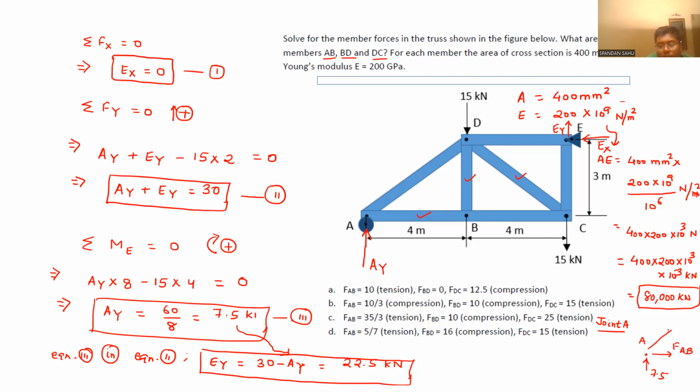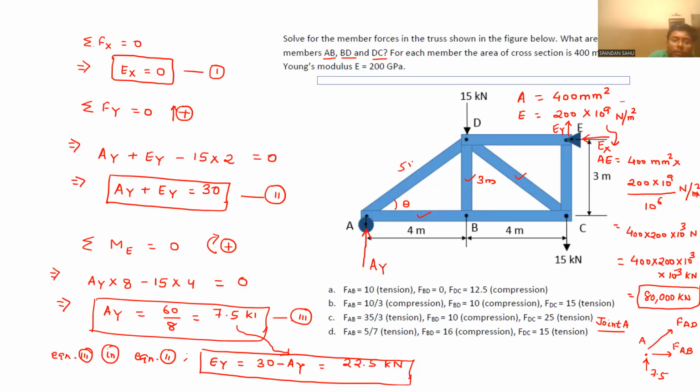And this is FAD. And this is 3 meter. Let this angle be theta. So from here, this will be 5 meter. So this angle is theta.